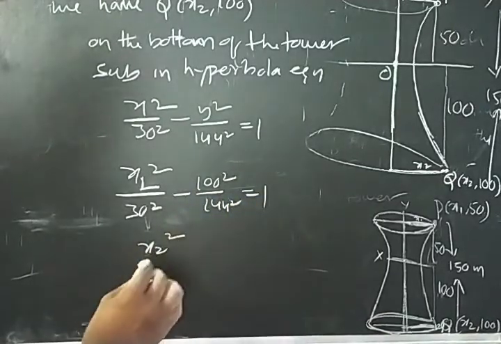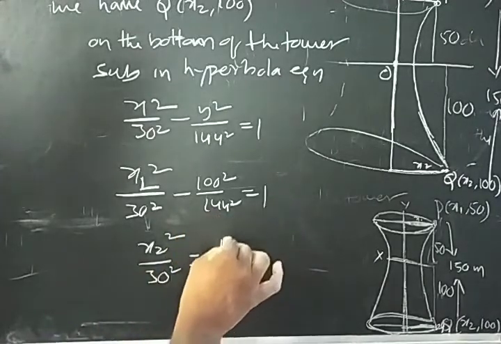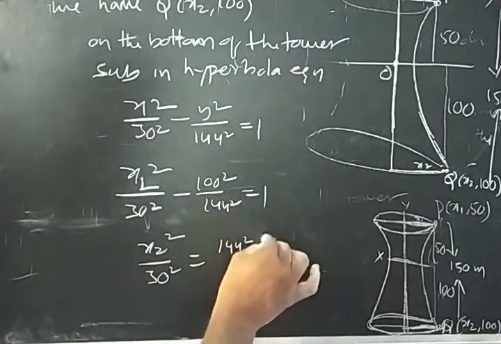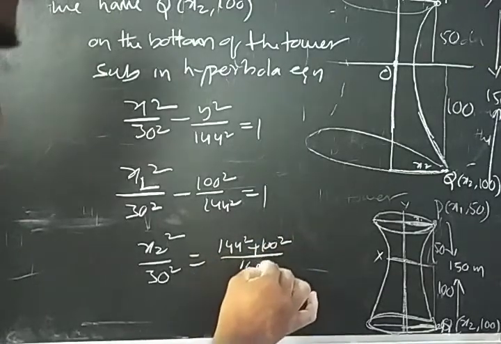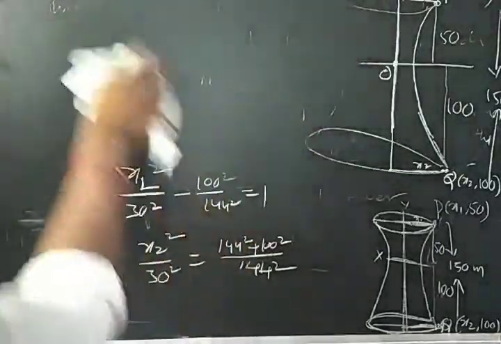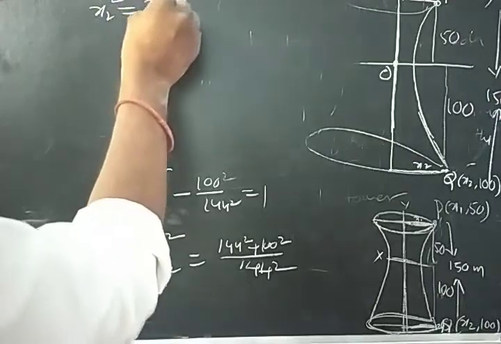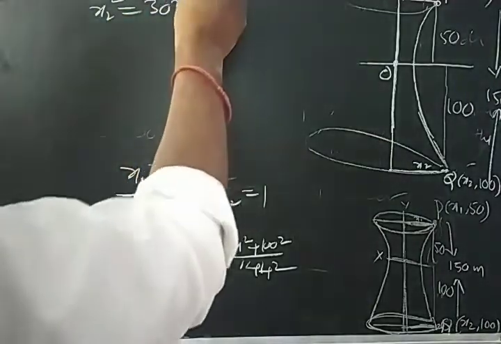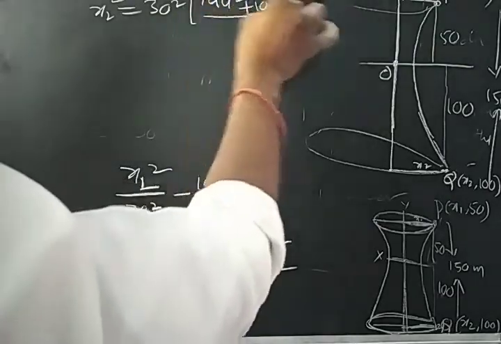X2 square by 30 square is equal to, by sending it to the right hand side, 144 square plus 100 square by 144 square. Right? Now x2 square is equal to 30 square into 144 square plus 100 square by 144 square.